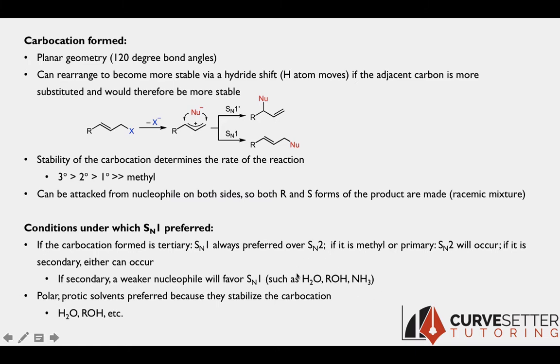So a weaker nucleophile would favor SN1 over SN2 if you have a secondary carbon, right? And also, if you have a polar and protic solvent, protic meaning it can donate a hydrogen, those solvents are going to favor SN1, because they stabilize the carbocation that forms in the SN1 mechanism.